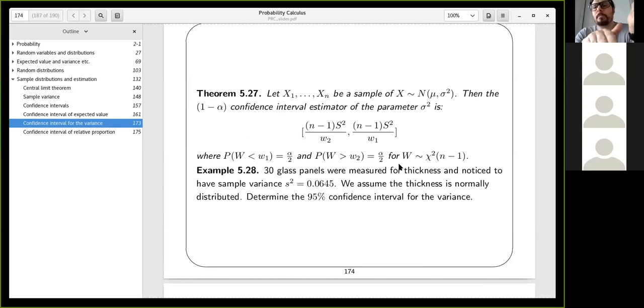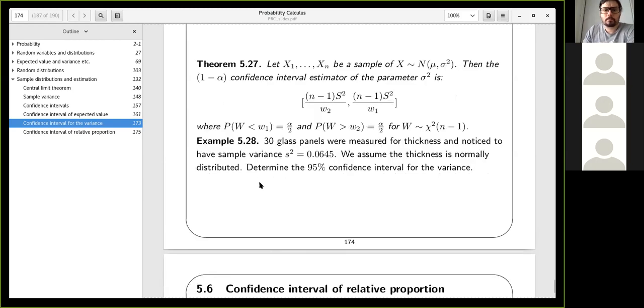If we only know the sample variance and not the mean, the mean is not needed separately from the sample variance. Because if you look at the expected value, there we need not just the sample mean, but also the sample variance. So often we estimate the sample variance first.